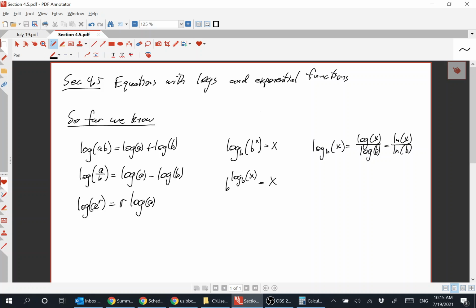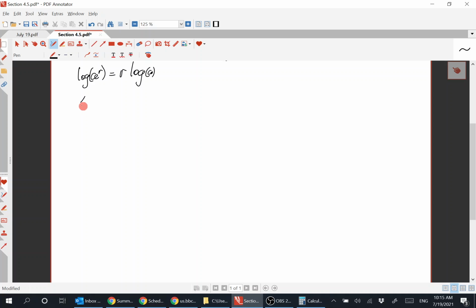Sometimes you might want to use a different base, but anyway, let's solve for x. e to the 3x plus 5 equals 7.